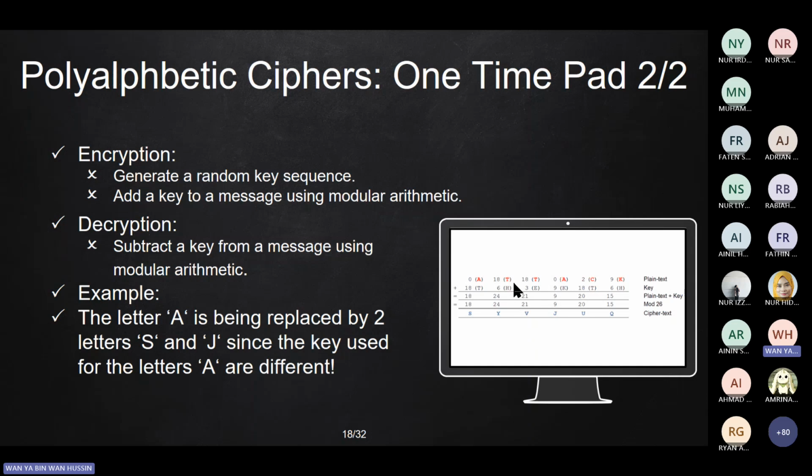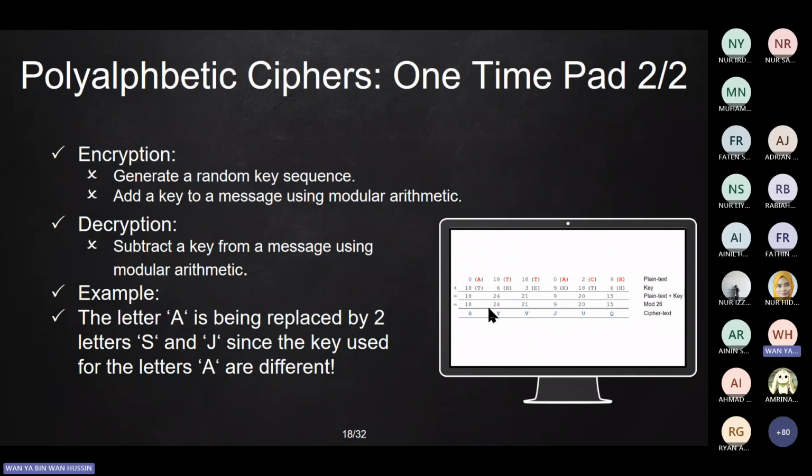Okay, for encryption, we will apply addition, and then we will apply modulo 26. That is encryption. Decryption, reverse it.